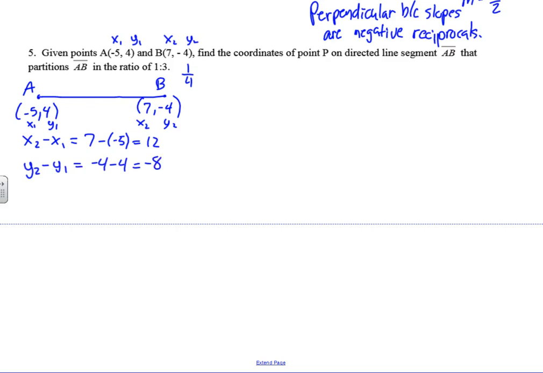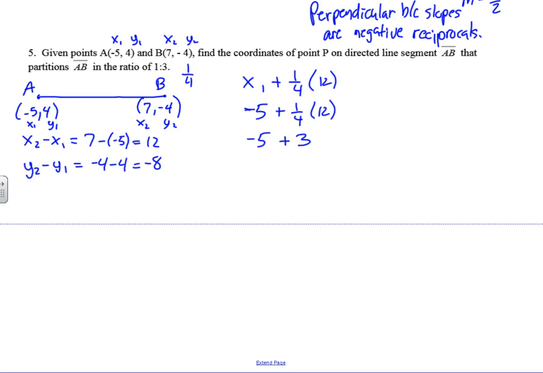So is the change in y to go from 4 down to negative 4? Yeah, that's down 8. So we start with our x1, so we're going to do x1 plus 1/4 of the change, which is 12. So x1 was negative 5 plus 1/4 of 12, and 1/4 of 12 is 3.